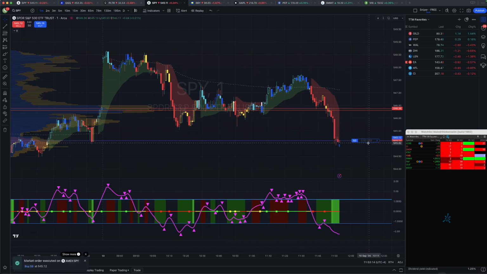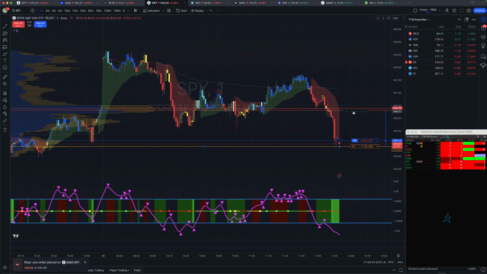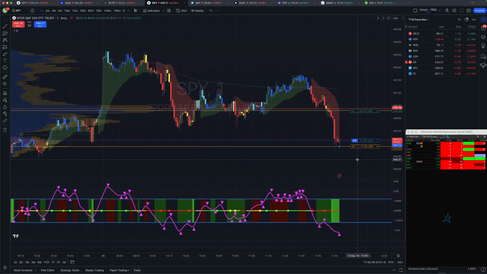And you can see you have your profit and loss here. And you can also say, okay, I'm going to take my stop loss to just below the swing low, and I'm going to take my profit target back up into that point of control. And now that trade is on. I'm going to lose 11.50, I mean, this is paper trading, right? And I'm going to make $58. And you can practice these.